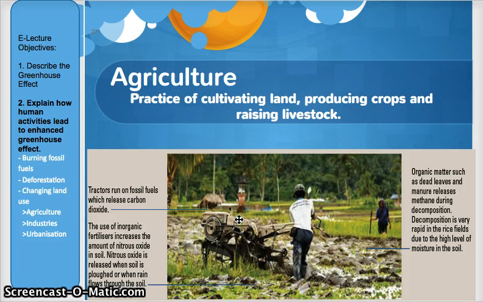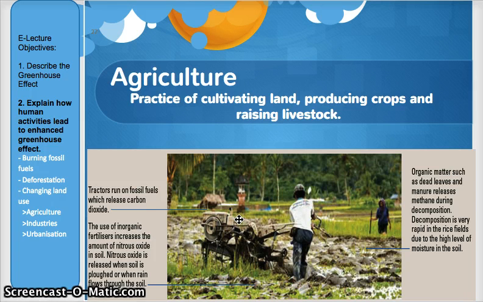And the organic matter that is pushed around when you are doing farming actually releases methane during decomposition. And because of the high level of moisture when you farm, because you need to maintain enough water to ensure that all your crops stay alive, this decomposition is very high.